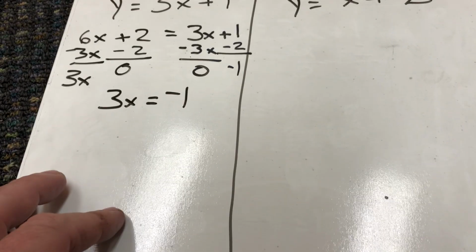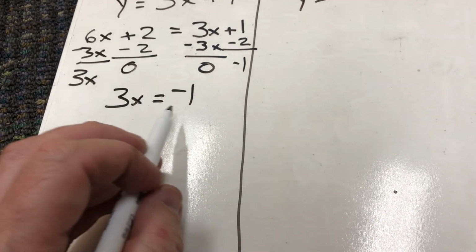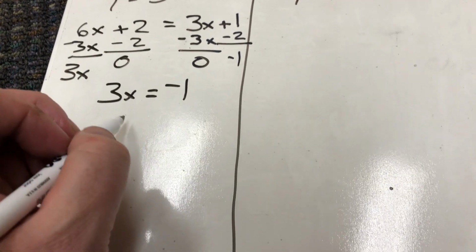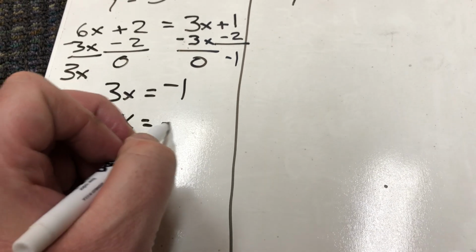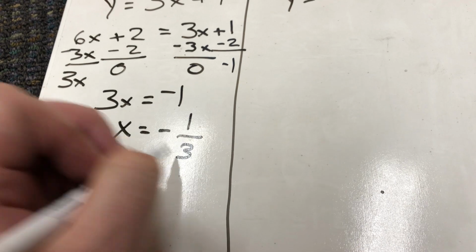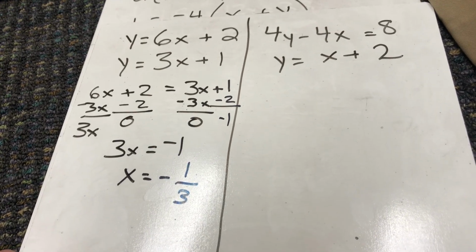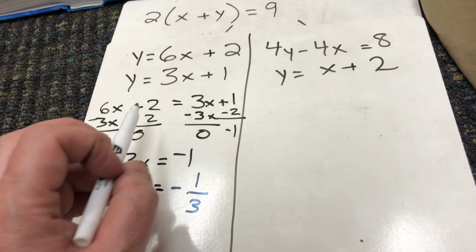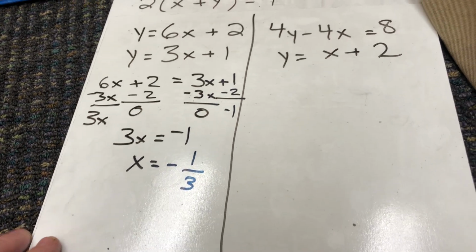Now, if 3x equals negative 1, then to solve for x, I'm going to do negative 1 divided by 3. So x equals negative 1 over 3. And that's what x equals. Now, I'm going to plug that into this equation right here: y equals 3x plus 1.